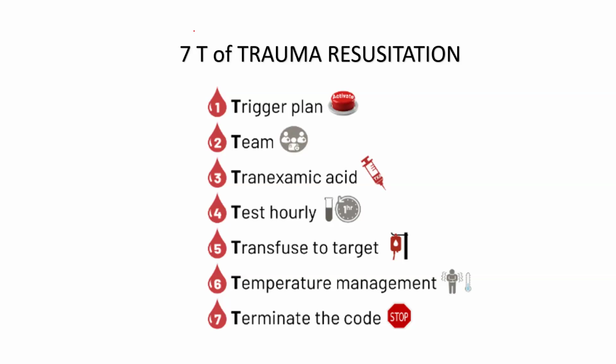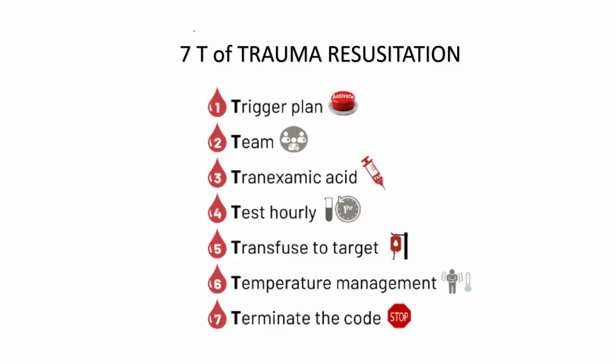Tranexamic acid, like I told you earlier, given before 3 hours, a 1 gram stat dose over 10 minutes, followed by 1 gram over 8 hours, has been shown to be beneficial. Keep frequent testing, usually at 1 hour intervals, whenever you have activated your MTP. What do you test?